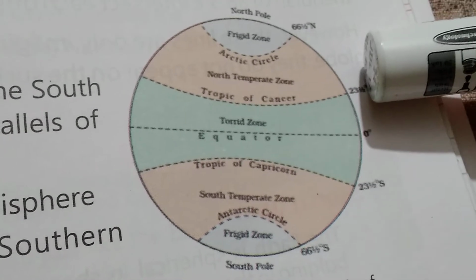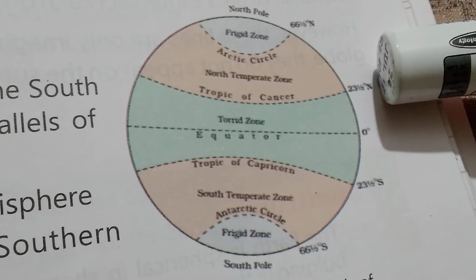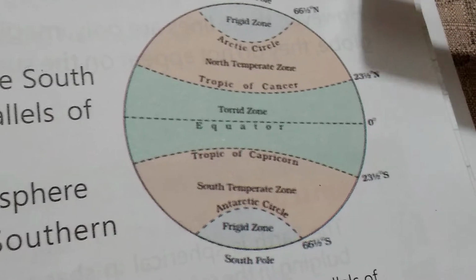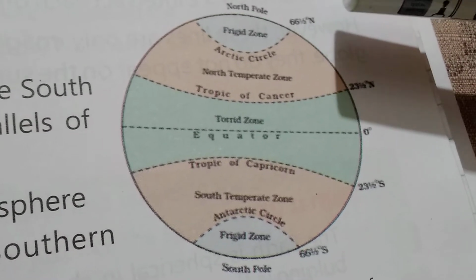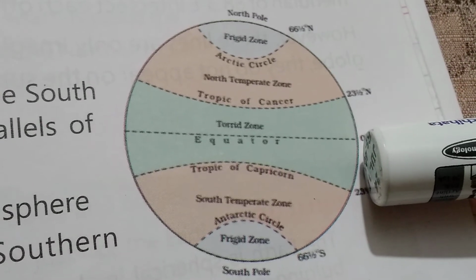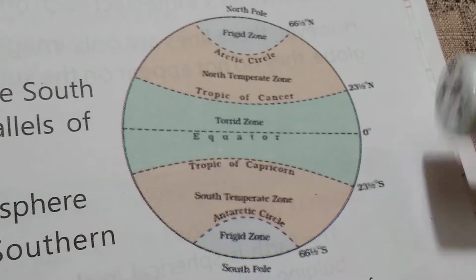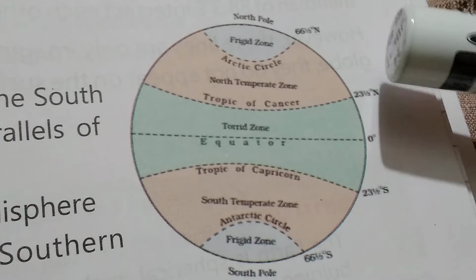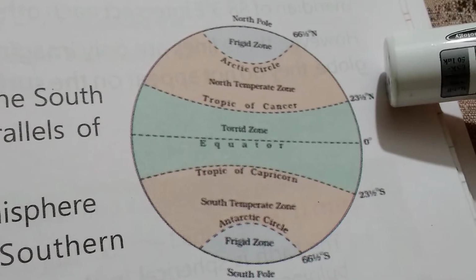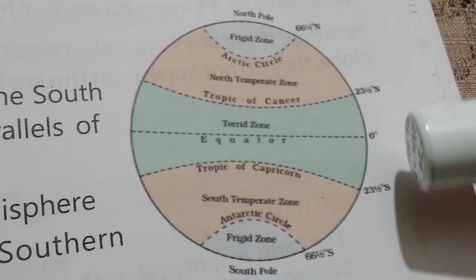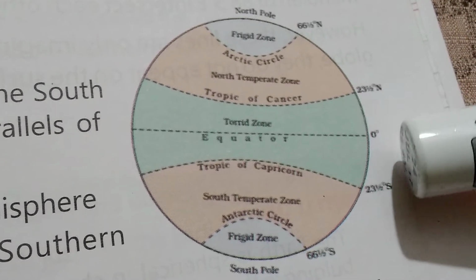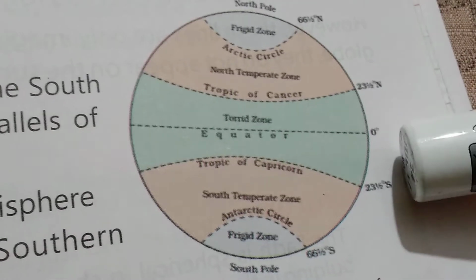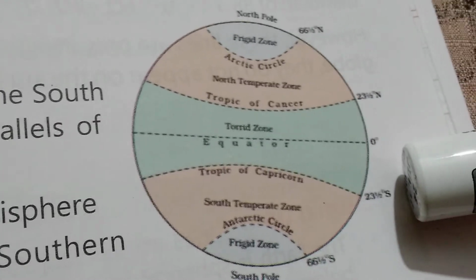Next is the Tropic of Capricorn in the southern hemisphere. It is 23.5 degree S.